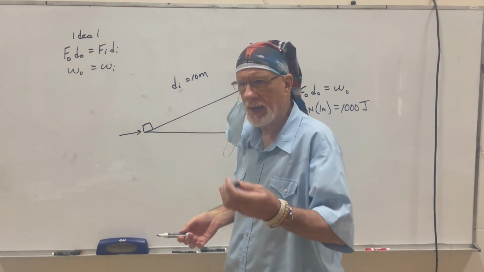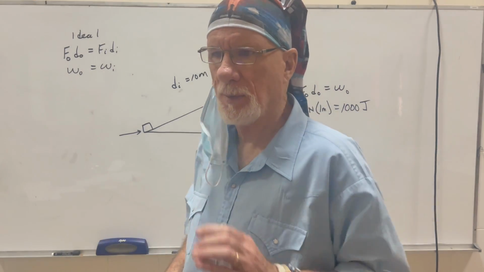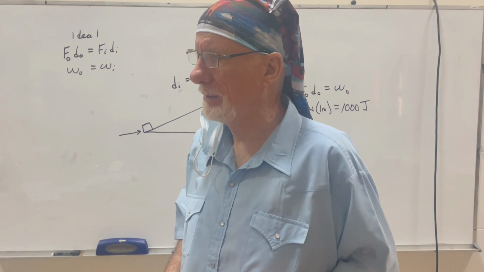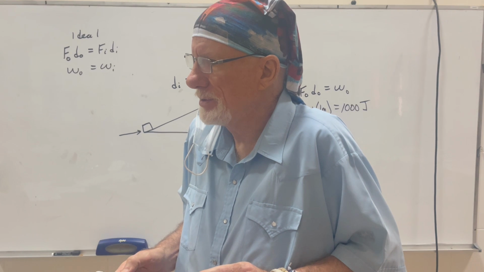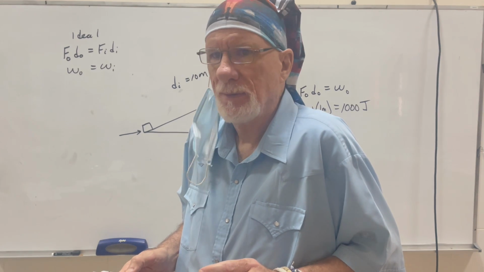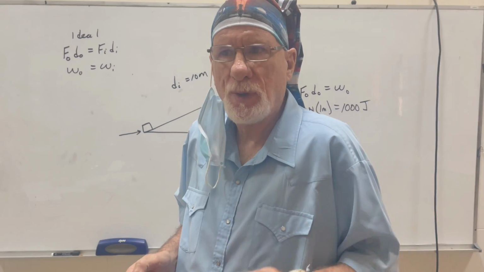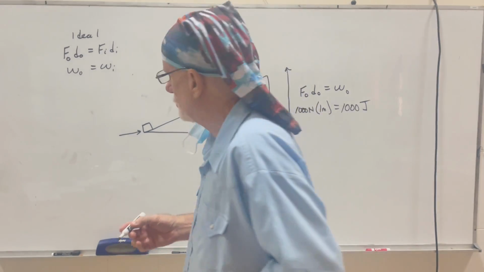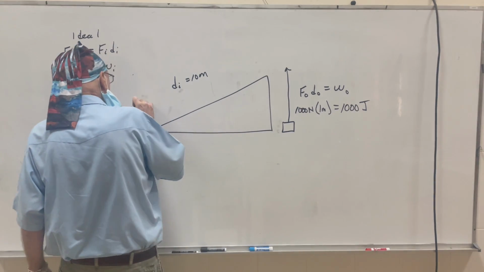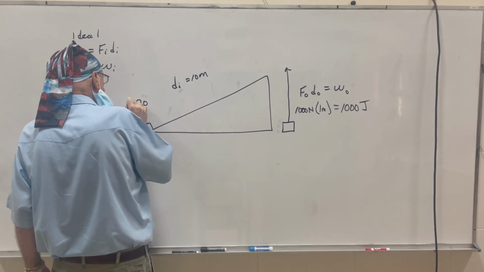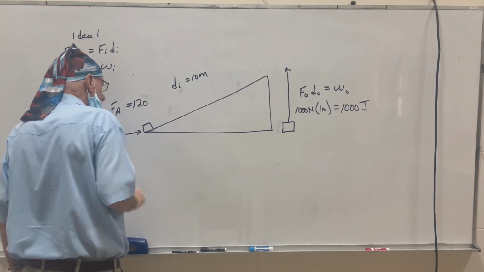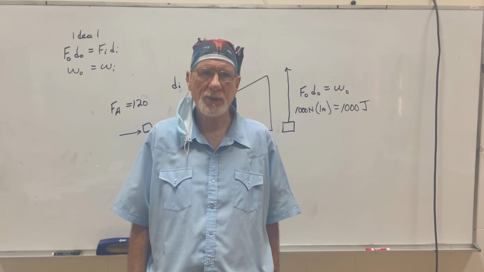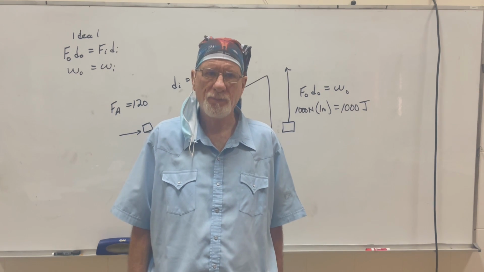But we know that I'm going to have to apply a little bit more. I'm not going to have to apply 1,000 newtons to get that up the inclined plane, but I will have to apply, let's say, 120 newtons. That's my application.